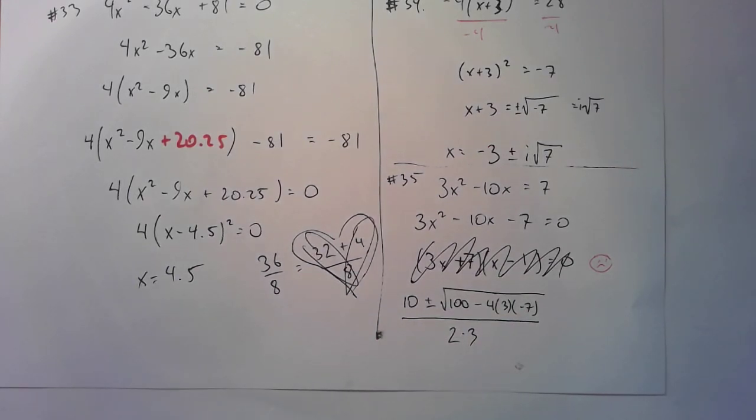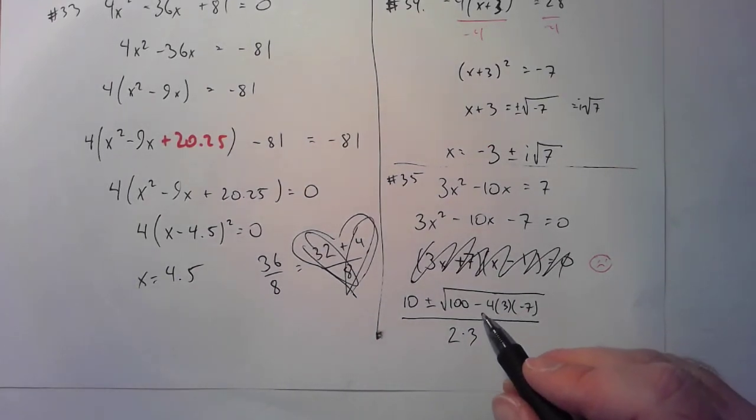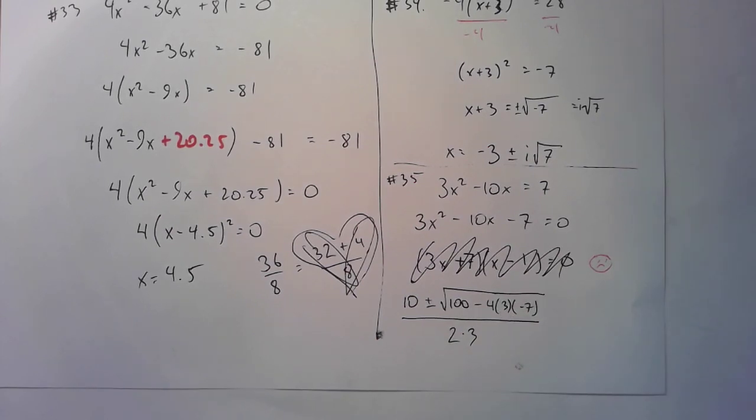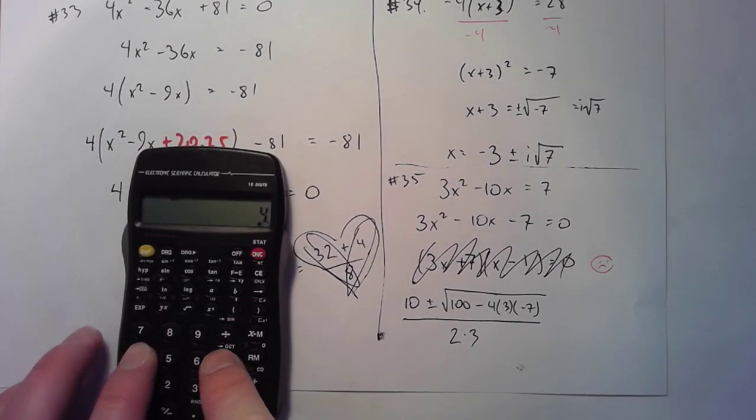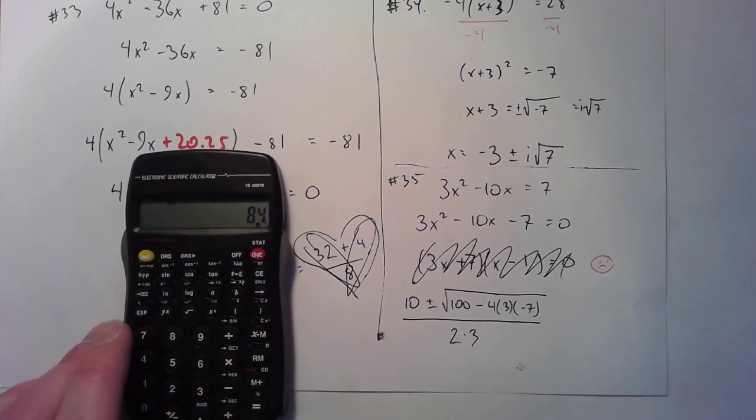Oh, wait, no, that doesn't look like it's going to be imaginary at all. 100, let's see, 4 times 3 times negative 7. Yeah, 184.